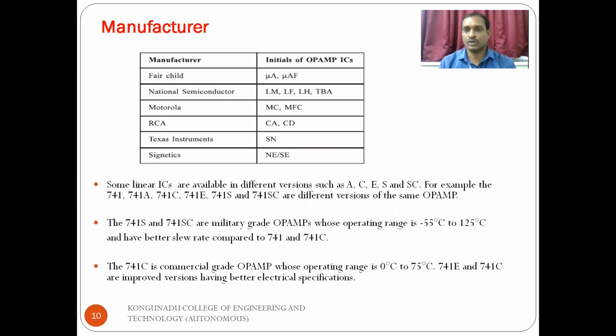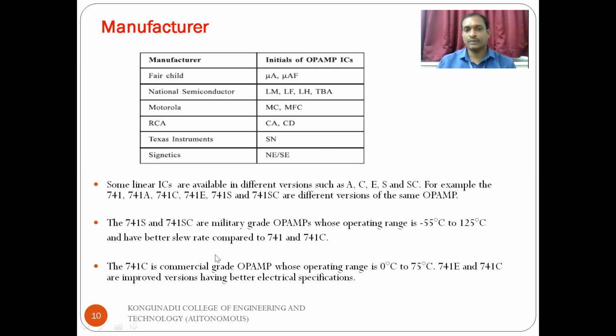IC741S and IC741SC are military grade op-amps. So these operate in the range of -55 degrees Celsius to 125 degrees Celsius. They have a better slew rate compared to IC741 and 741C.